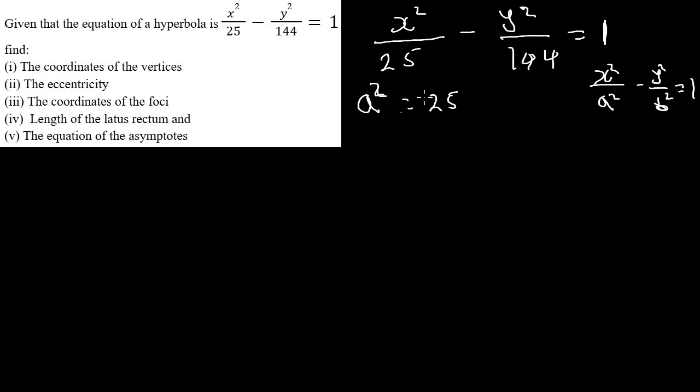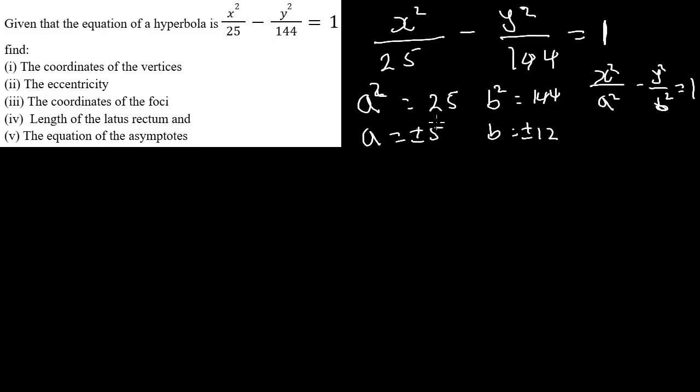Am I communicating? Okay. So if a squared is equal to 25, a will be plus or minus 5 by the time you take the square root of 25. And b squared will be 144, which means b will be plus or minus 12.